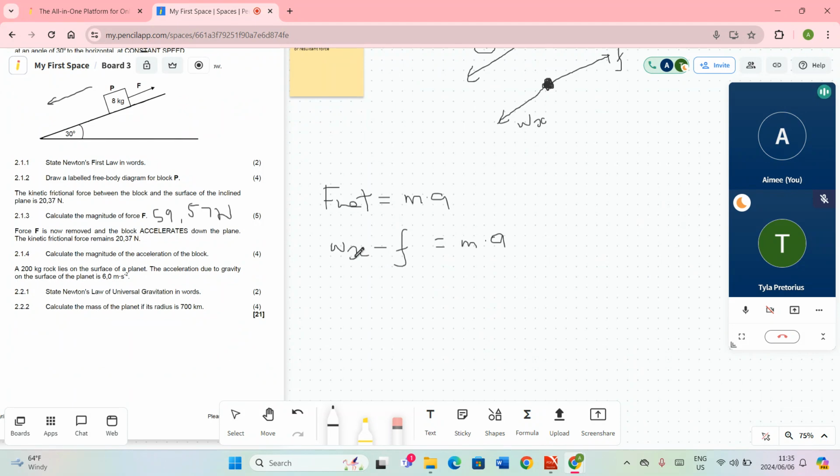Okay, so that means that Wx is going to be equal to 8 times 9.8 times sine 30 degrees minus, they already said that the frictional force doesn't change, it stays as 20.37, is equal to the mass of the block is 8 kilograms and acceleration is what we're looking for.